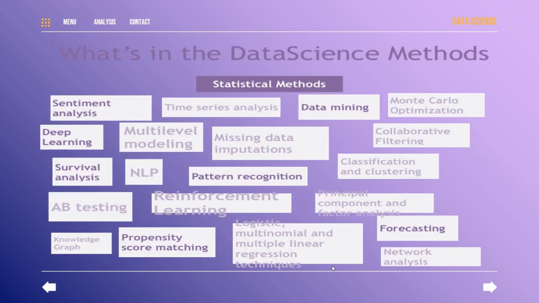Now, here are the data science methods which we are going to use in statistics. The statistical methods are sentiment analysis, time series analysis, data mining, Monte Carlo optimization, deep learning, multi-level modeling, multiple data imputation, collaborative filtering, survival analysis, NLP, and pattern recognition.